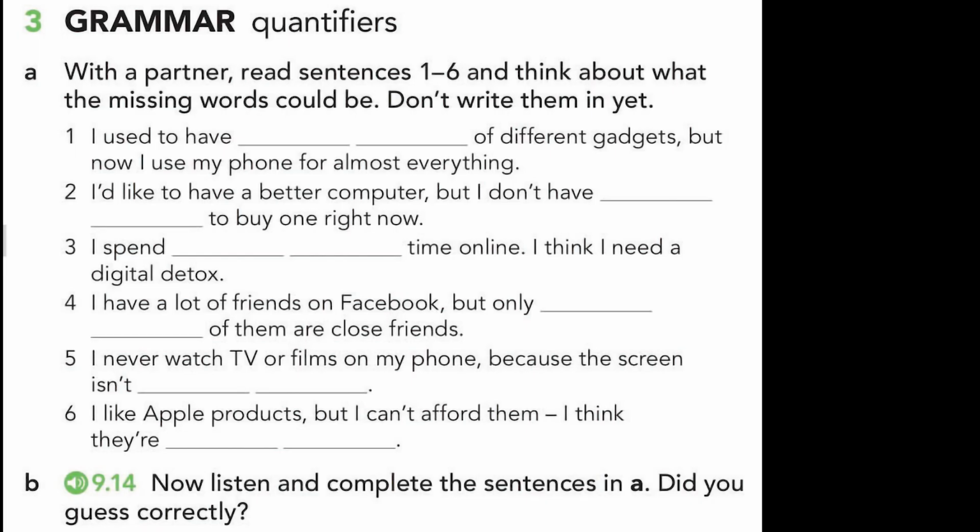I think I need a digital detox. 4, I have a lot of friends on Facebook, but only a few of them are close friends. 5, I never watch TV or films on my phone because the screen isn't big enough. 6, I like Apple products, but I can't afford them. I think they're too expensive.